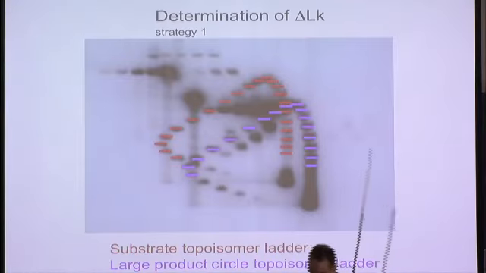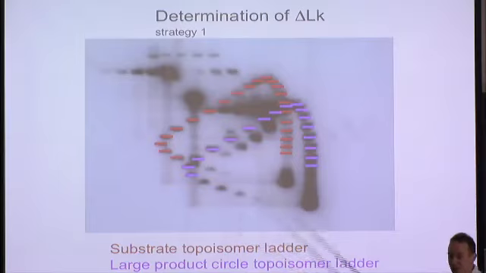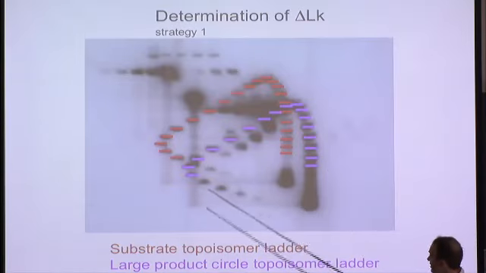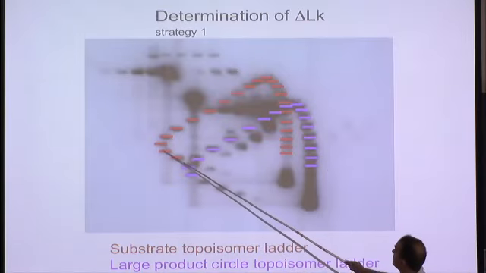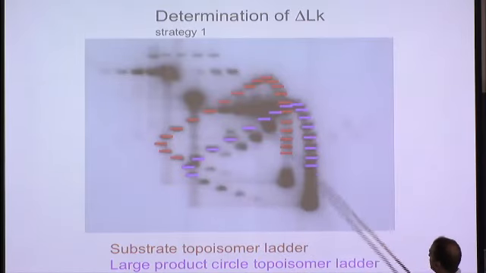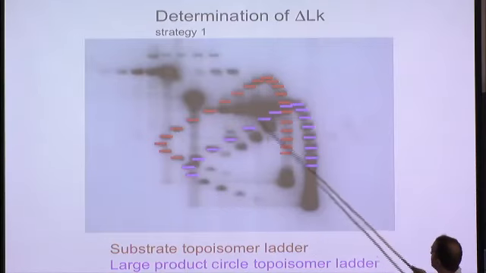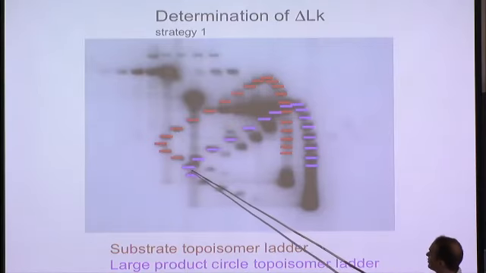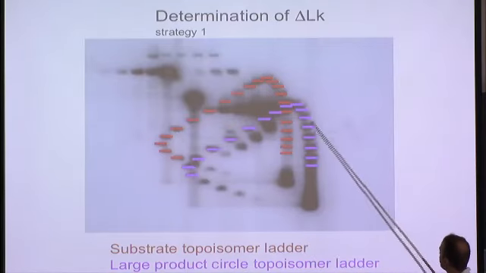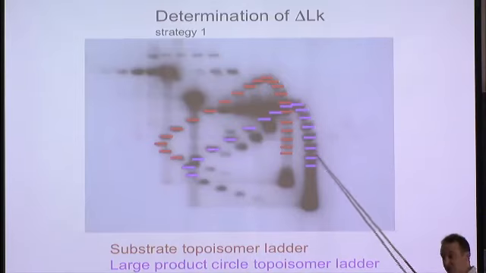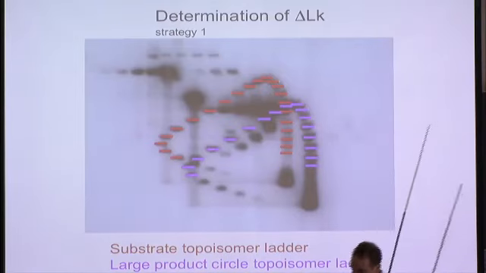Just to make it easier to see where I think all these bands are, I've marked in red the substrate topoisomer ladder and the product topoisomer ladder, and you can count from this 0 all the way around individual bands that each differ from each other by 1 linkage unit.